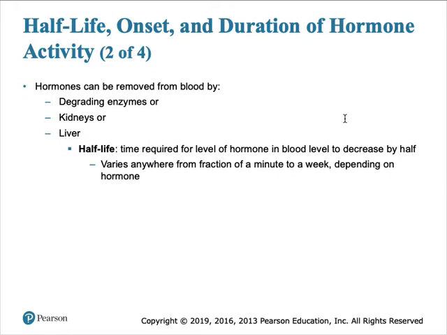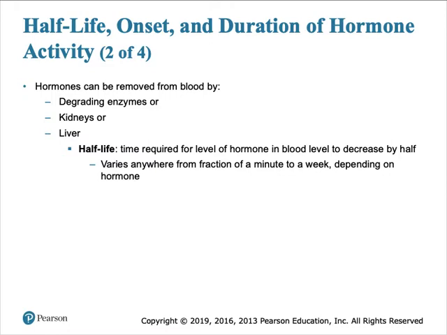Assuming that cells aren't upregulating or downregulating their receptors, the response would be half when you have half as many individual hormones available for any target cell. Half-lives can be anywhere from a small portion of a minute, maybe a few seconds, to a week. That just depends on the hormone.